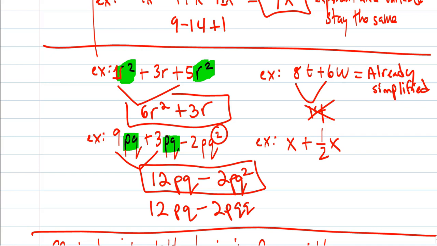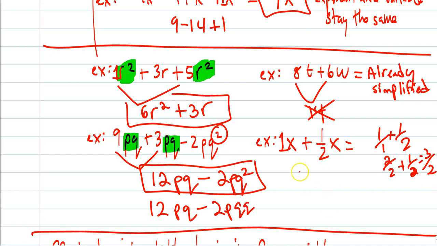And then we have x plus 1/2 of x. People are like, oh no, we can't do this. Yes, we can. They are both x's, they're both like terms. We can do 1 plus 1/2. So what is 1 plus 1/2? Well, make 1 a fraction, 1 over 1, give them a common denominator. 2 over 2 plus 1 over 2 is 3 over 2.